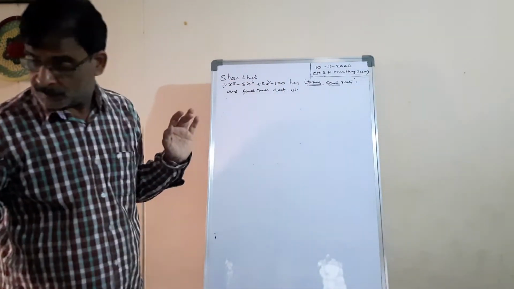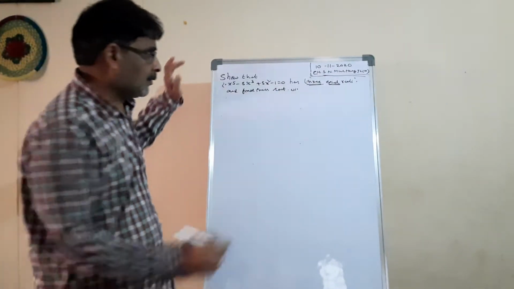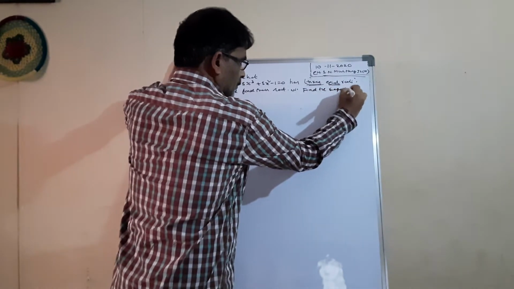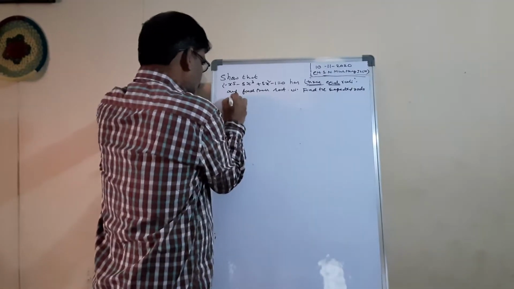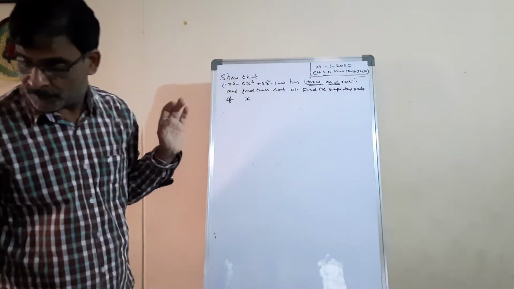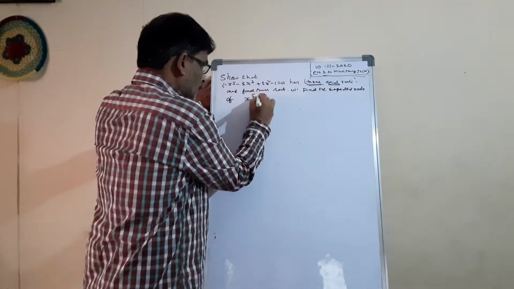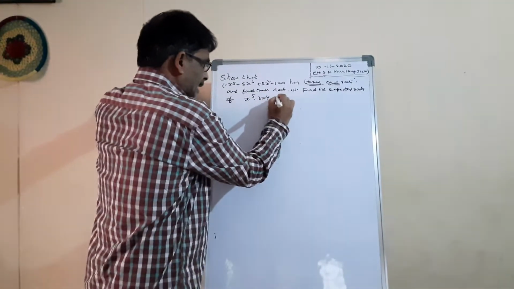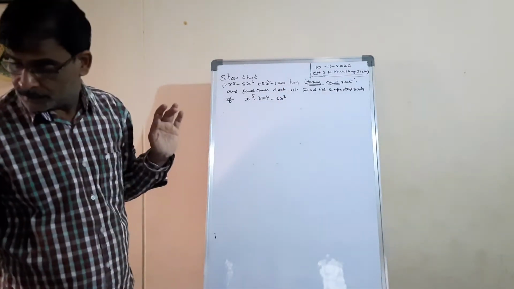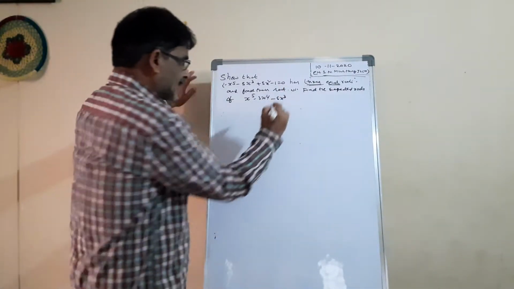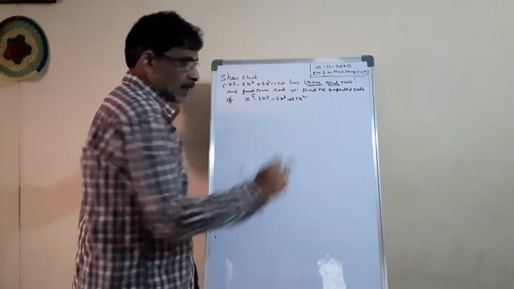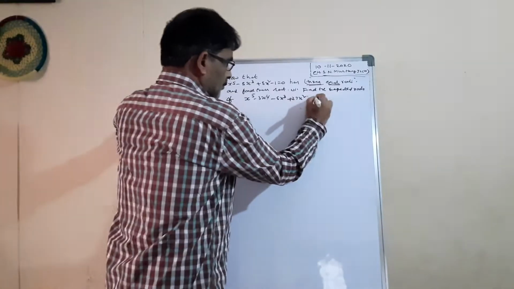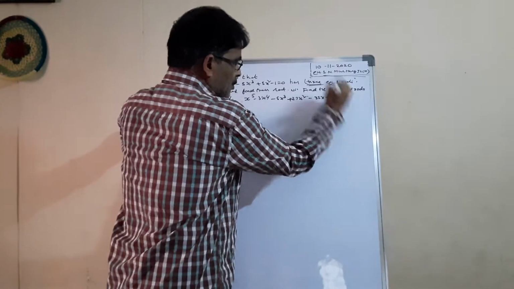Second bit. Find the repeated roots of the function x power 5 minus 3x to the power of 4 minus 5x cube plus 27x square minus 32x plus 12 equal to 0.